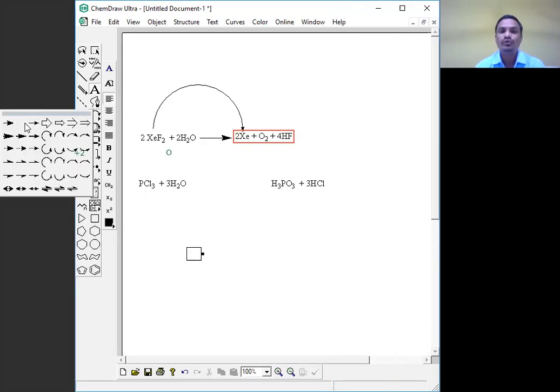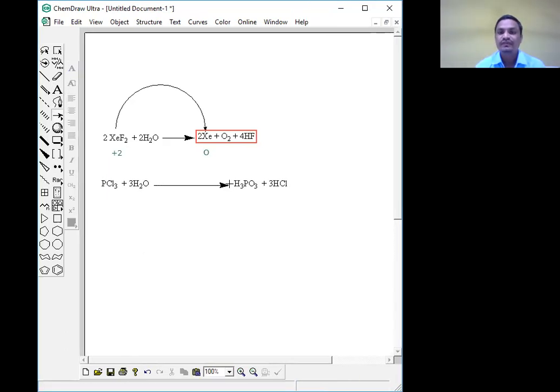Now, if we look at this reaction, hydrolysis gives phosphorus acid H3PO3 plus 3HCl. Therefore, there are two products, not only the phosphorus acid or its tautomers.